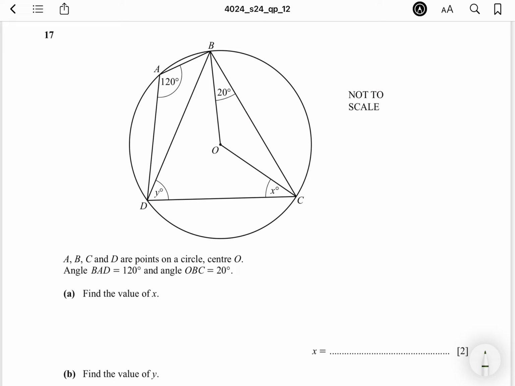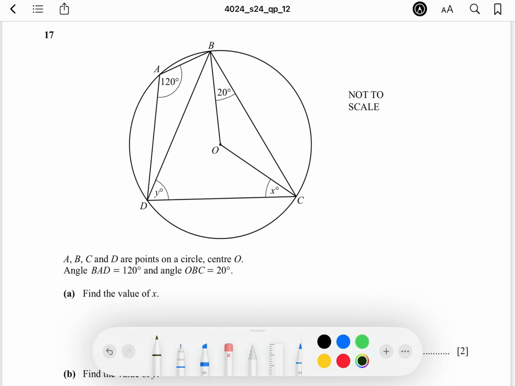Apa yang kamu nampak sini? Kamu nampak triangle? Yes, you can see that triangle. Isosceles because OB sama OC are radius. Okay, good. You also see this triangle. Any significance with this triangle?